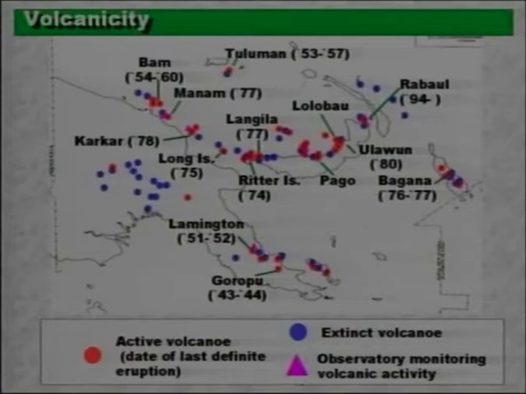So look at the map and make sure you recognize the location of those different volcanoes in the country. Do we need to make a list of some of them? I think it's clear and straightforward from the monitor and also from your handout.